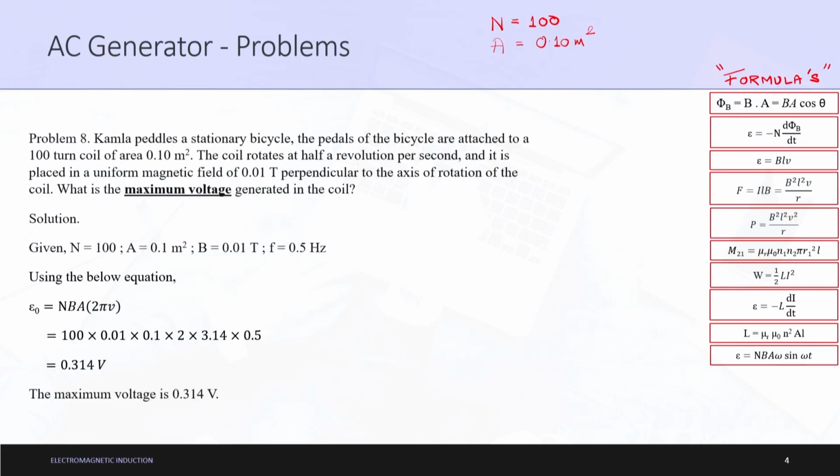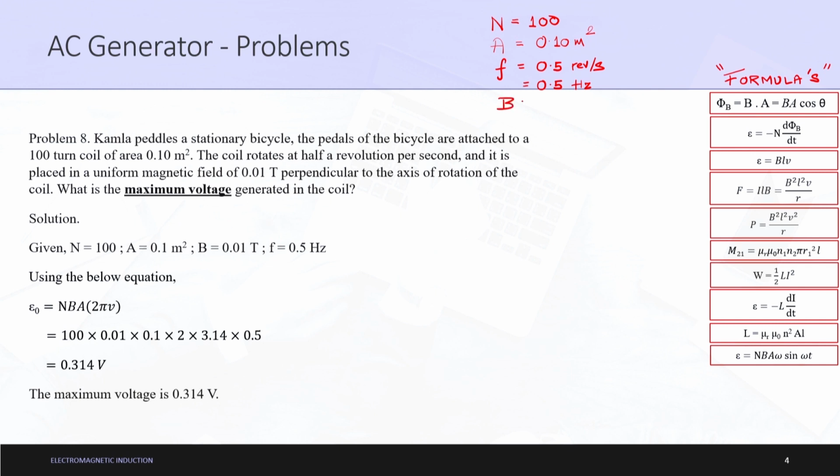Next, the coil rotates at half a revolution per second. Because the revolutions are given, it is not radians per second. So, it is quite evident that this is the frequency we are talking about. The frequency is nothing but 0.5 revolutions per second, or in terms of hertz, 0.5 hertz, and it is placed in a uniform magnetic field of 0.01 Tesla.